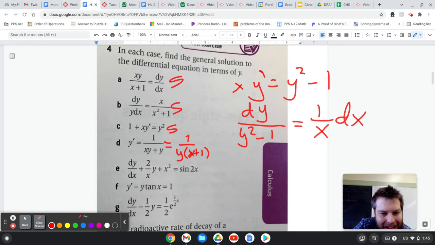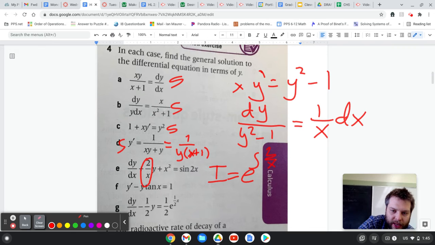Okay, looking at part E. This one is not separable because you've got your x's and your y's mixed together. This would look more like an exact differential equation. And if it's an exact differential equation, that's when you want to choose the function that is attached to the y value there and write your integrating factor e to the integral of 2 over x dx.